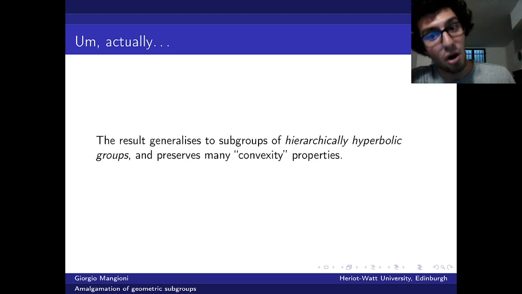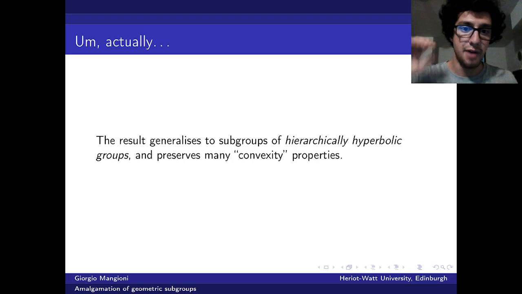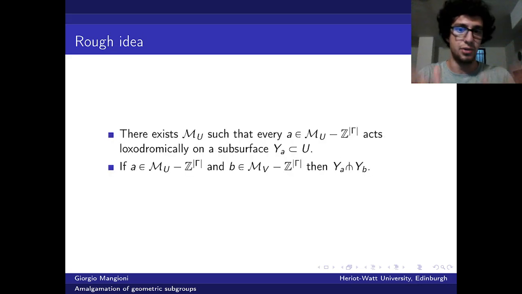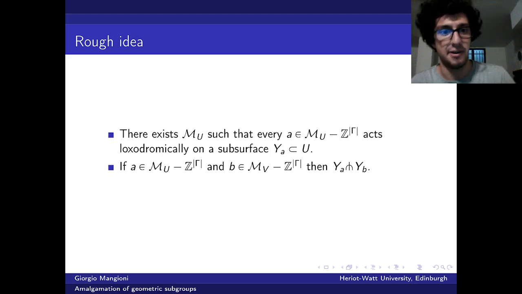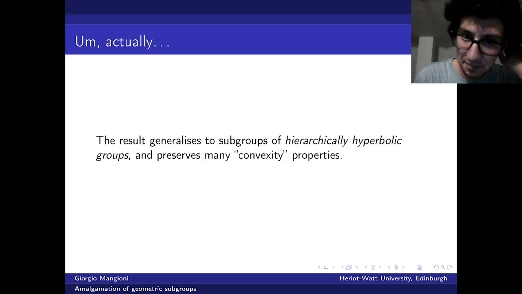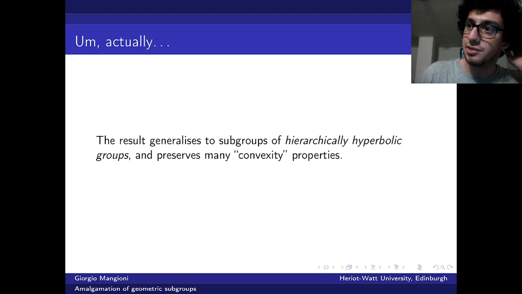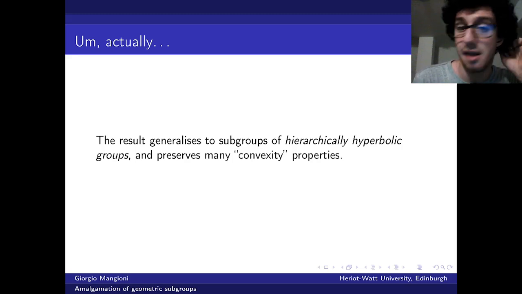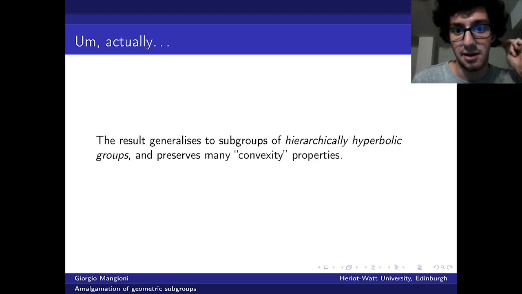And what you can also show is that if you have two subgroups satisfying some properties which almost amount to having these two subsurfaces which are transverse and each of the elements translate very far on the corresponding subsurface, then you can also preserve some convexity properties of your subgroups, such as hierarchical quasi-convexity or strong quasi-convexity or something like that.